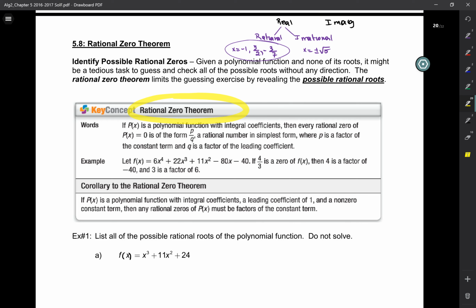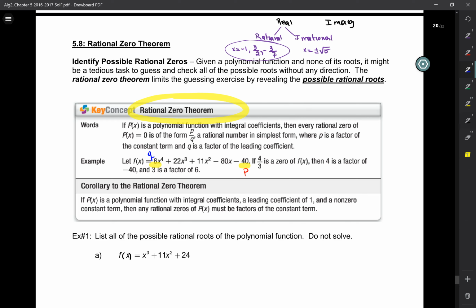All right, so to do that, we're going to look at two numbers in the function. The first number we're going to look at is the constant, and from that, we're going to extract values that we're going to call p. And another thing we're going to look at is the coefficient of the leading term, and from that, we're going to extract values that we're going to call q.